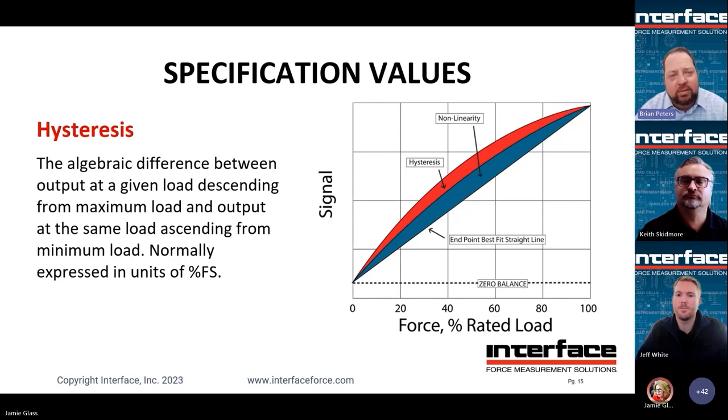So that's going to be defined as a hysteresis value, and that's going to be percent of full scale as well. So you can understand too, maybe that doesn't apply for my application if I'm only doing a single load and I want to track the force that's being applied through that test, right? So there's hysteresis. Next one.